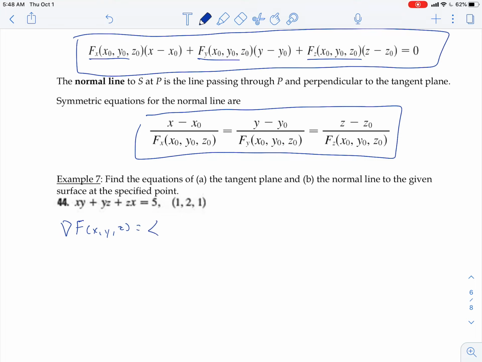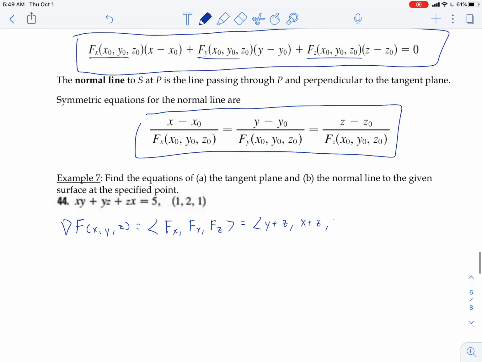The partial derivative with respect to x of my function is going to be y plus z. The partial derivative with respect to y is going to be x plus z. And the partial derivative with respect to z is going to be y plus x.